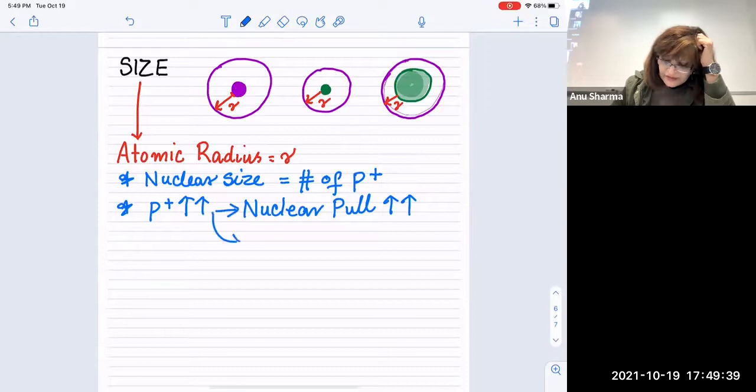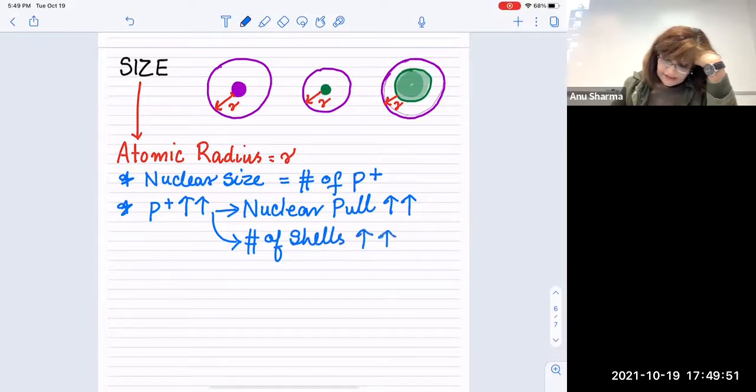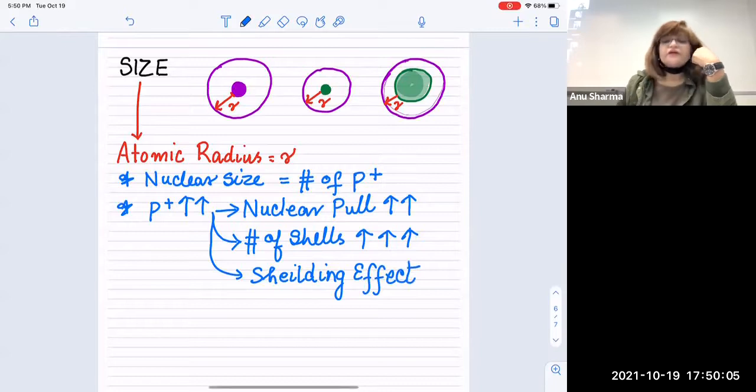We also see the number of energy levels, or the number of shells, increase. And when the shells increase, the shielding effect increases. As you have more and more shells, obviously the inner shells are going to shield the outer shells from the nucleus. So these shells are playing a role.